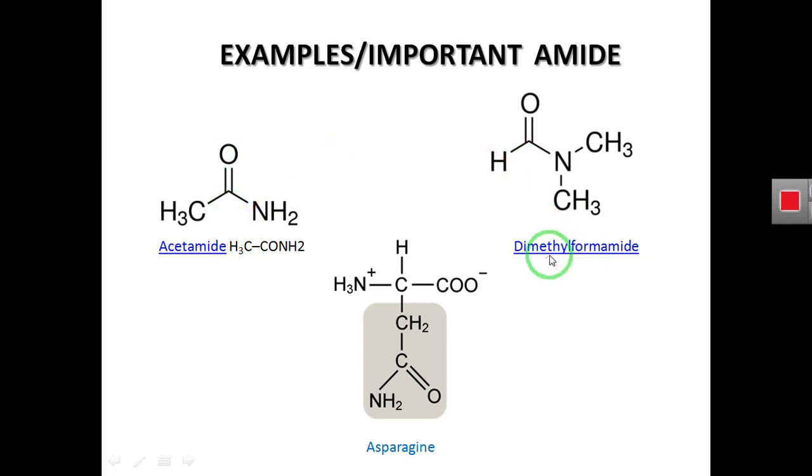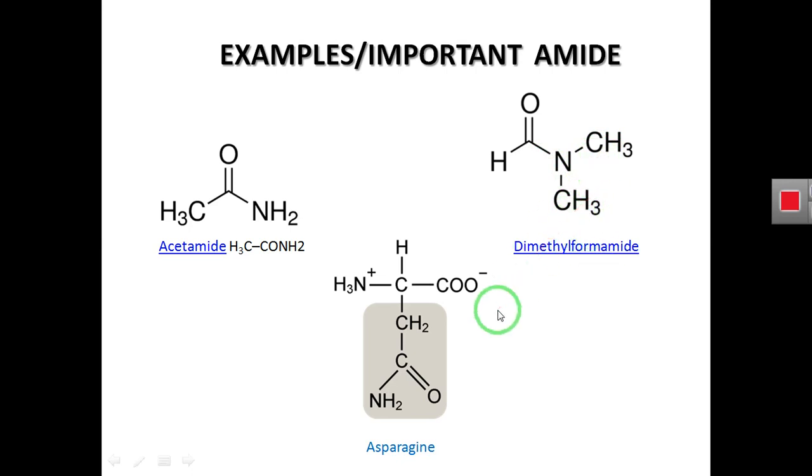Dimethylformamide is also another example of amide. We can see here that this has a nitrogen atom that is containing 1, 2 R groups.